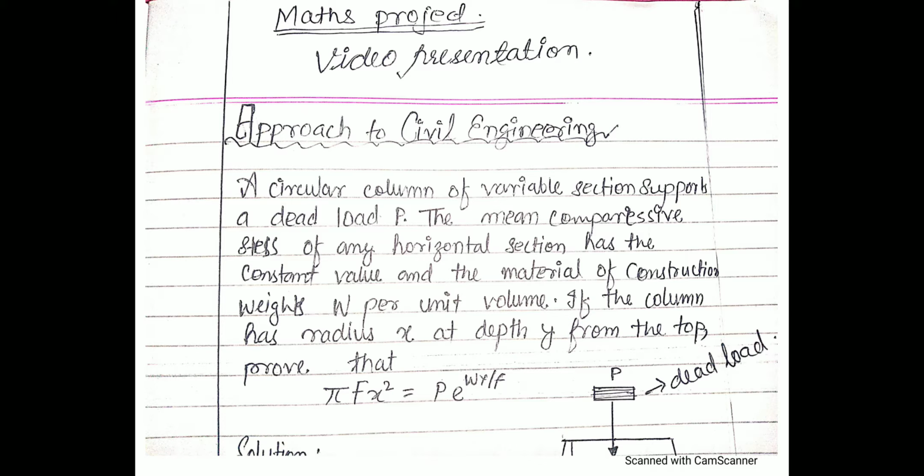If the column has radius x at depth y from the top, prove that pi f x square is equal to P times e to the power wy by f.